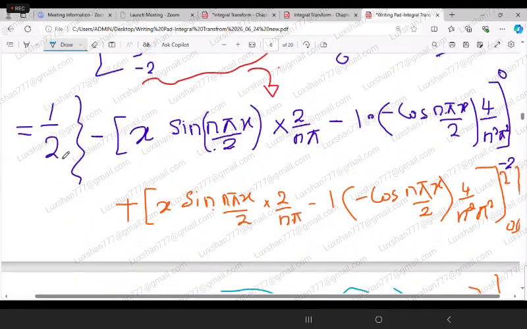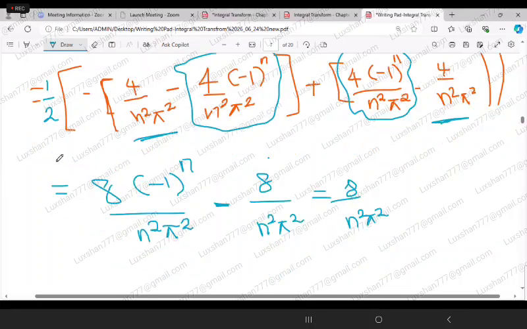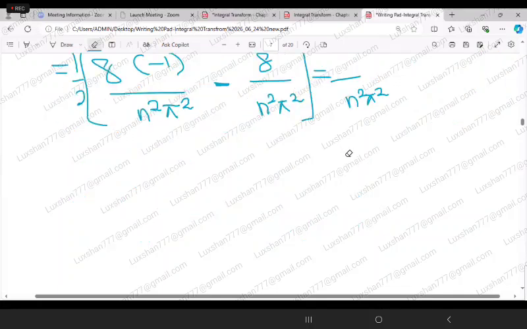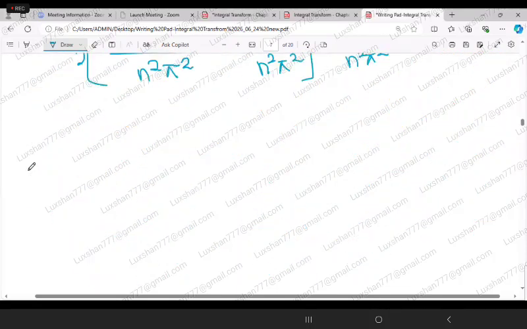I'm sorry, I have a half also. I forgot to put that half also. There's a half here. Then this becomes 4 over n squared pi squared into minus 1 to the power n minus 1. You have to do simplification. That is very important. Now an is found.